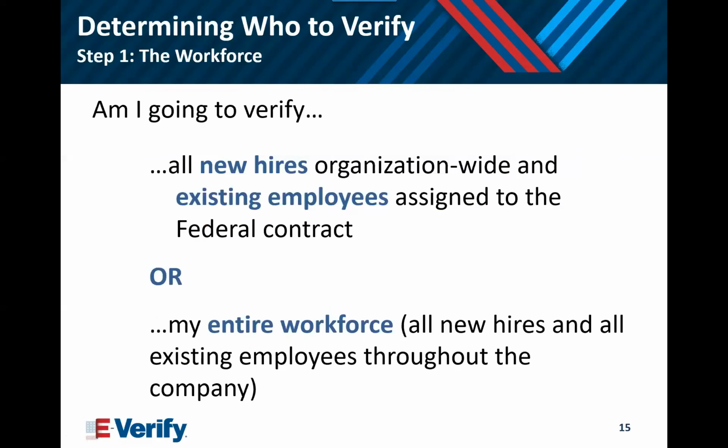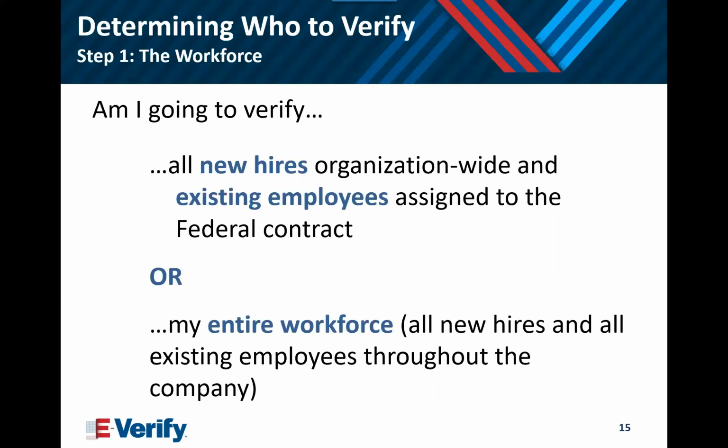All right, so going back to those federal contractor requirements, let's say you've already modified your company profile or you've already enrolled, you need to ensure that you understand who to verify within E-Verify. So you've got some options here as a federal contractor, and these are unique to federal contractors. All other employers using E-Verify can only use the program for your new hires only.